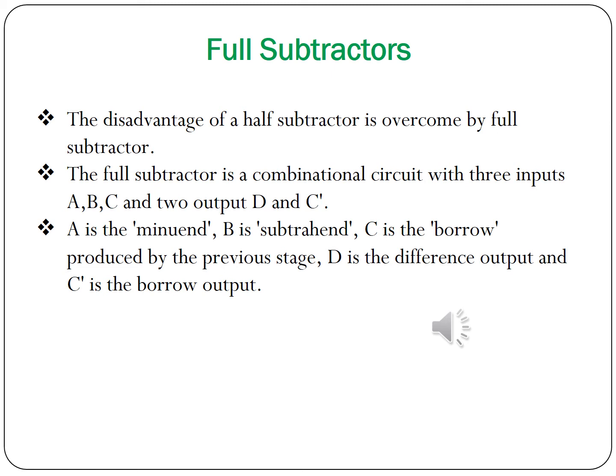The sum of the full adder and the difference of the full subtractor are implemented the same way, with exclusive OR gates. Two 2-input exclusive OR gates are needed to implement the sum and difference of the full adder and full subtractor circuits.